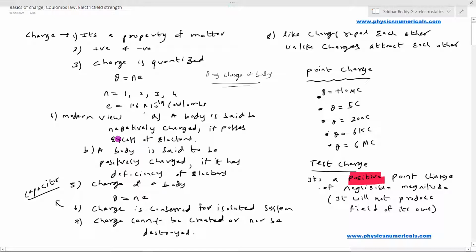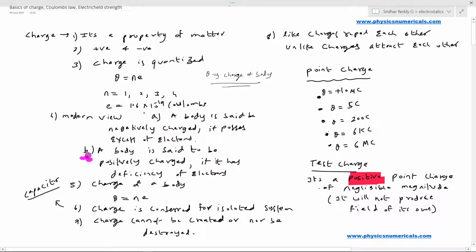But in the modern view of the 19th century, the excess and deficiency of electrons produce that positive and negative charge. If a body has excess of electrons, it becomes a negatively charged body. If a body has deficiency of electrons, meaning if I remove 10 electrons from a body, it becomes positively charged. How much? 10e. If I give 10 electrons to a body, it becomes minus 10e, the charge of the body.